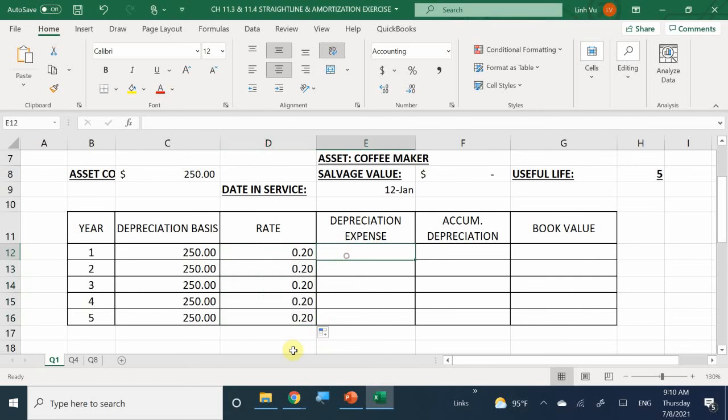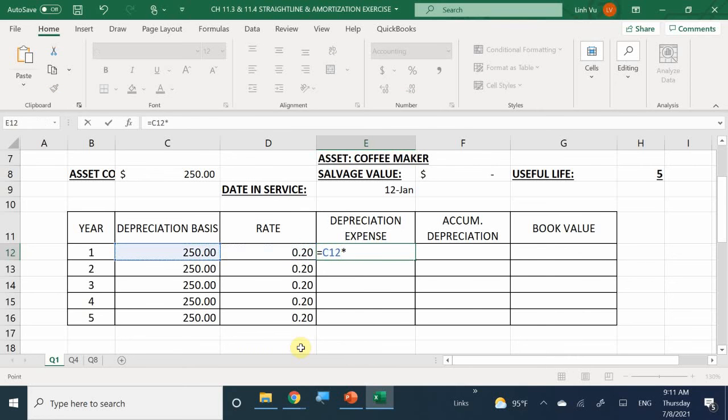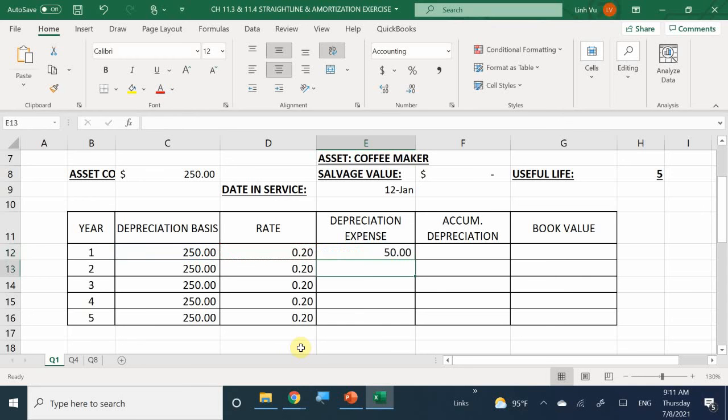Now let's solve for this. What is 20% of 250? $50. Because it's straight line, every year it's going to be $50.